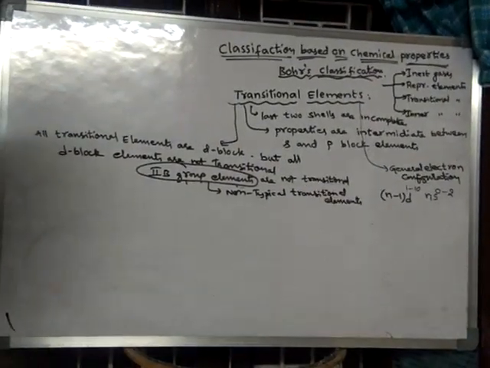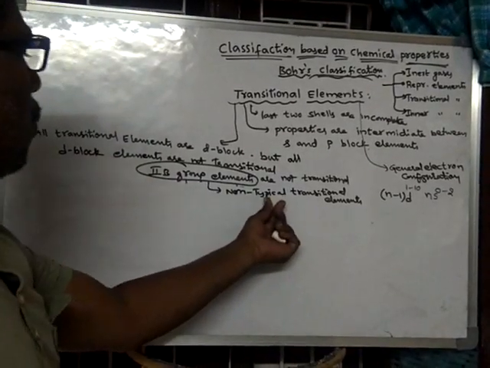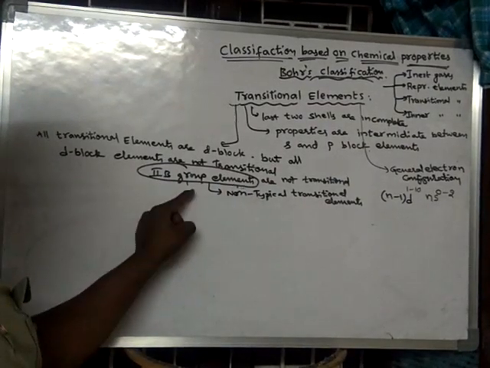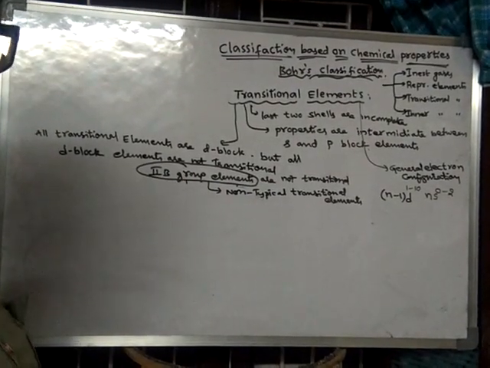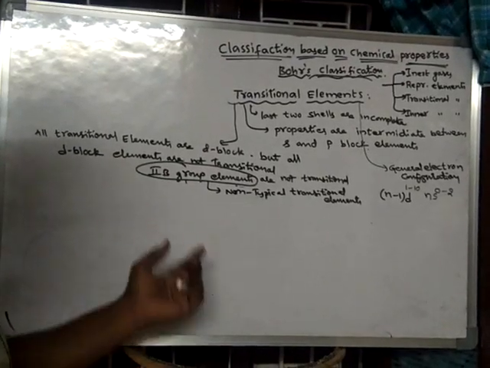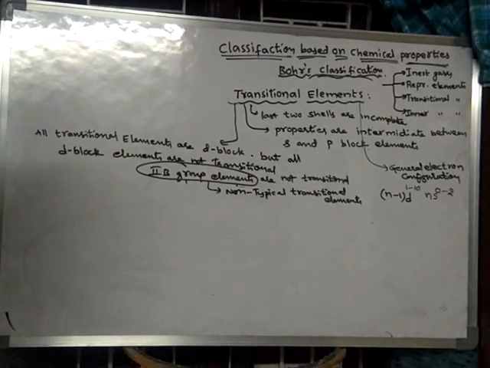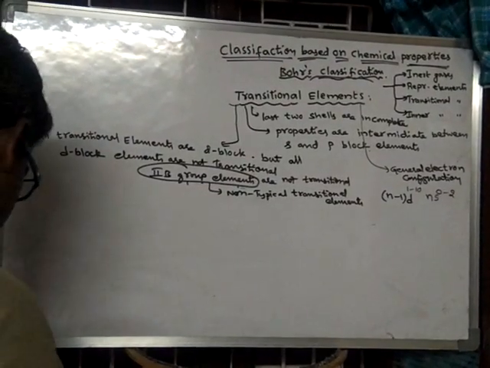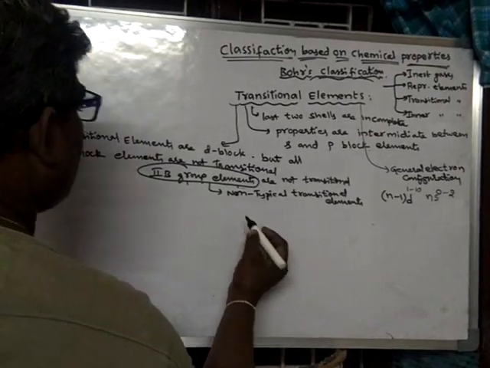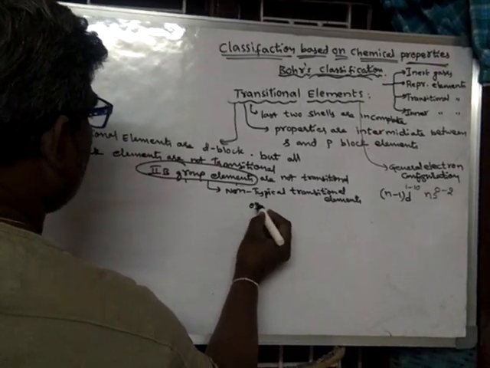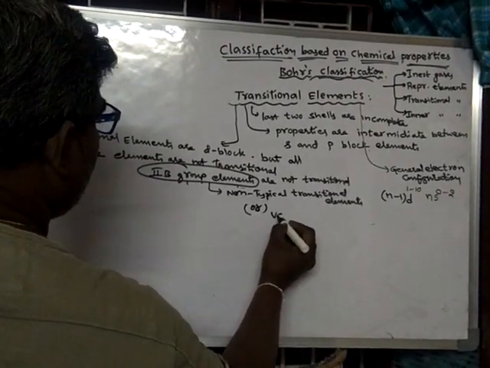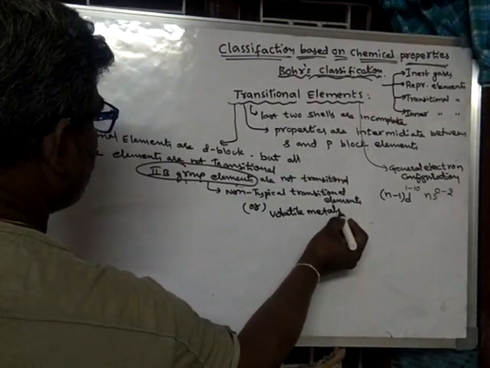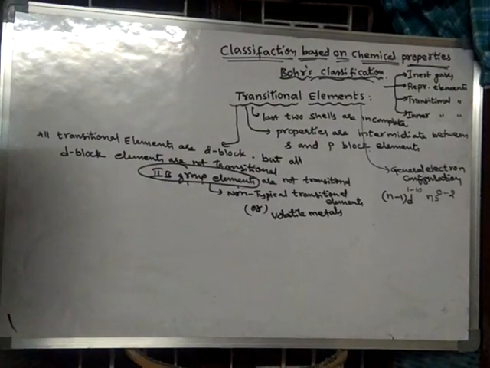Non-typical, because typical transitional elements show the properties of transitional elements, but the second B group elements do not show those properties, hence they are called non-typical transitional elements. They are also called volatile metals.